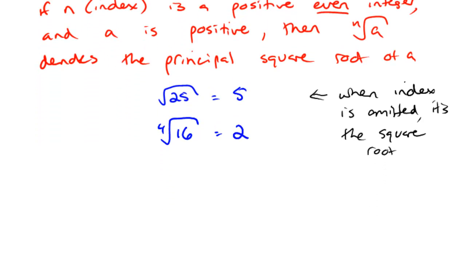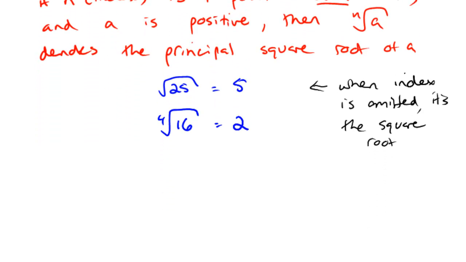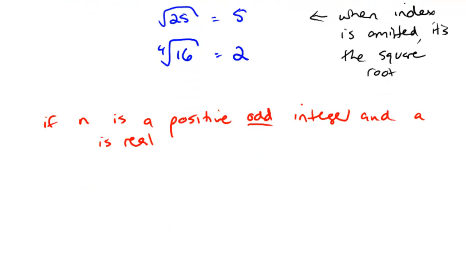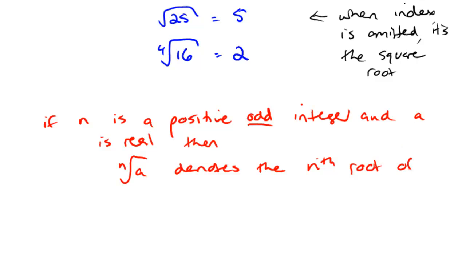Okay, so scrolling down a little bit and moving on. So that's what happens when you have even roots. If n, which is the index, is a positive odd integer, and a is real, then the nth root of a denotes the nth root of a.